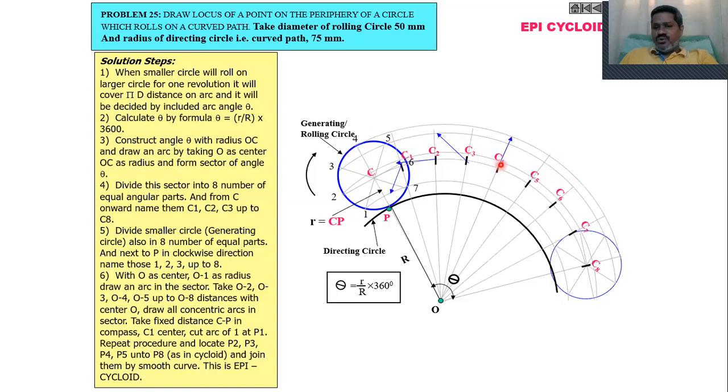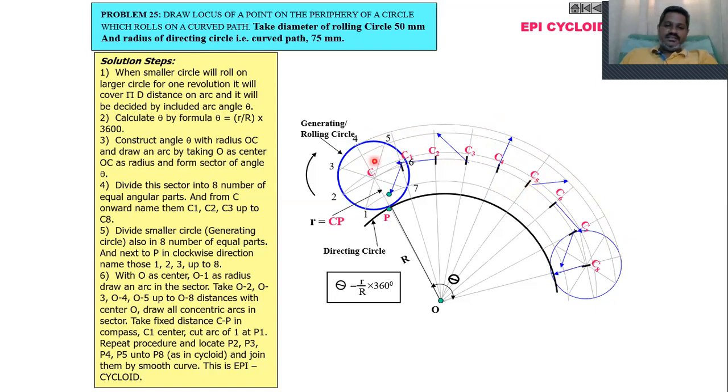Then take C4 as a center. Then intersect the fourth concentric arc which originates from the fourth division on the generating circle. Then similarly take C5 as center, intersect the fifth concentric arc, then sixth, seventh and eighth finally.